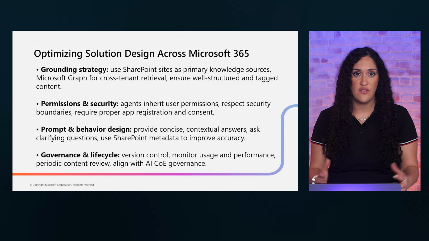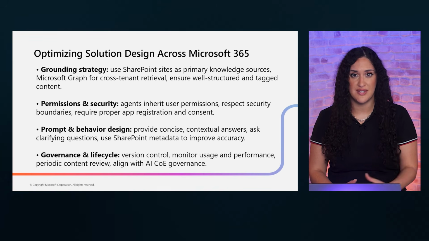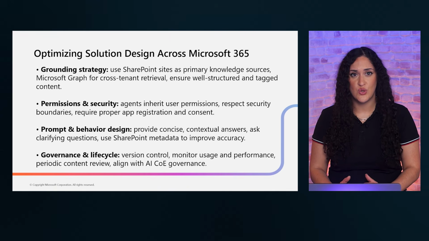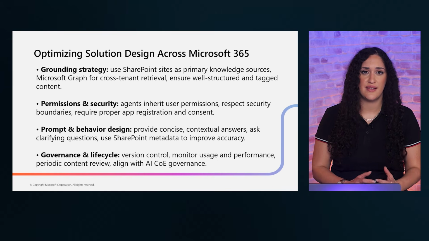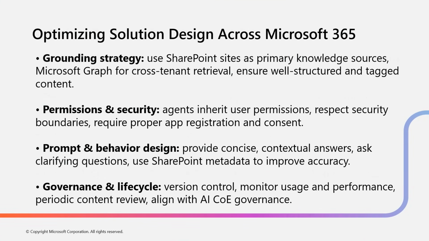Third, prompt and behavior design: provide concise contextual answers and use SharePoint metadata to improve accuracy. Fourth, governance and lifecycle: version control, usage monitoring, periodic content review, and alignment with your AI Center of Excellence. The best practice is to treat these four dimensions as a balanced scorecard. Weakness in any one area undermines the whole solution.